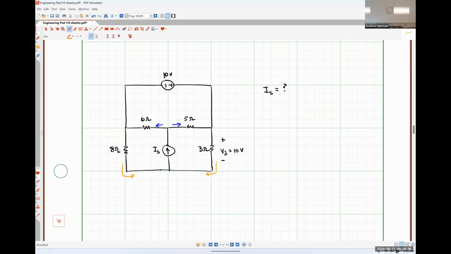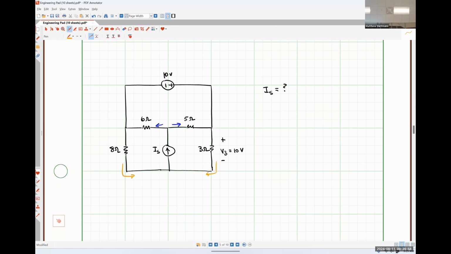I disagree. Okay, so let me tell you why I disagree. We know Ohm's law, right? I feel like we learned it today. You're given the voltage drop across the 3 ohm resistor, and you're given the resistance of the 3 ohm resistor. So I feel like very easily we can get one of those orange currents.